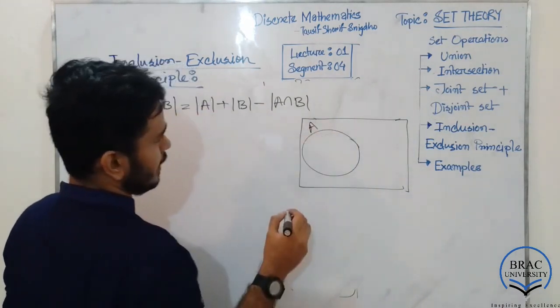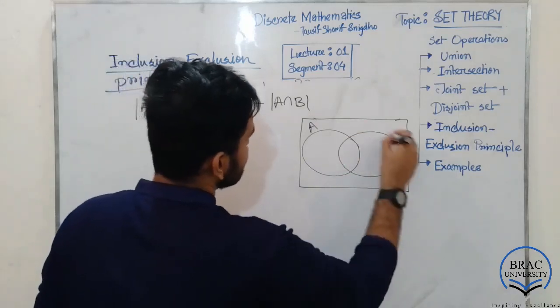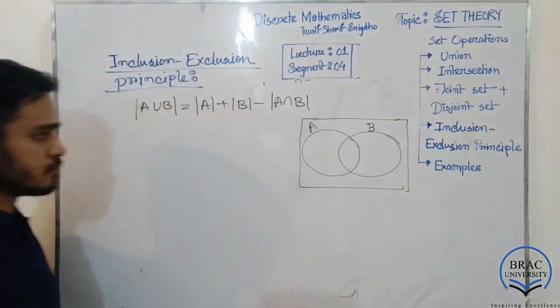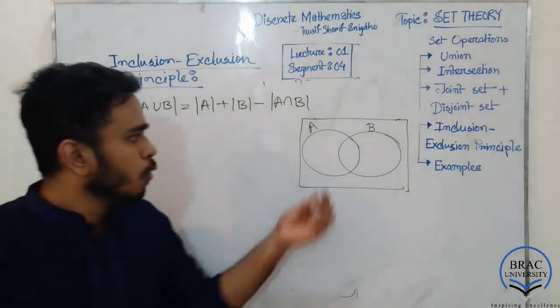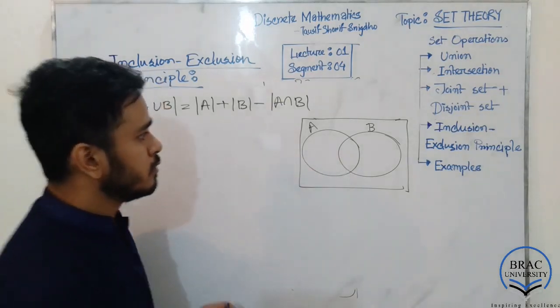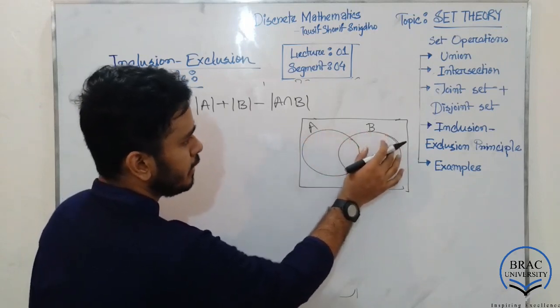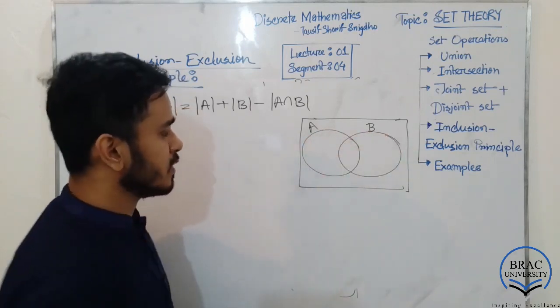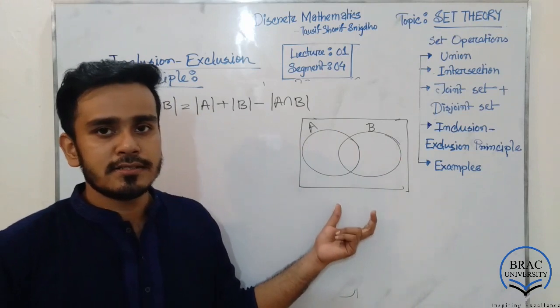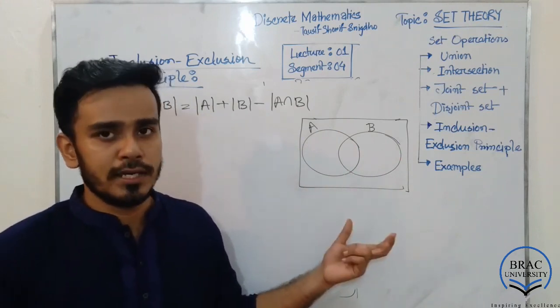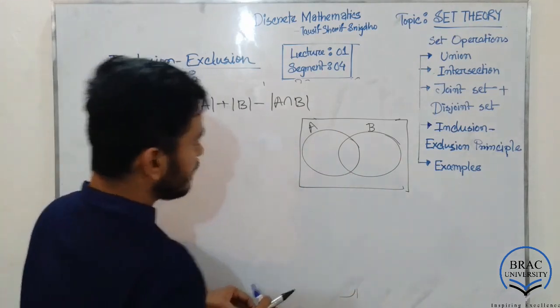So, this is set A and this is set B. As we know, the whole region covered by circle A and circle B represents A union B. Okay?